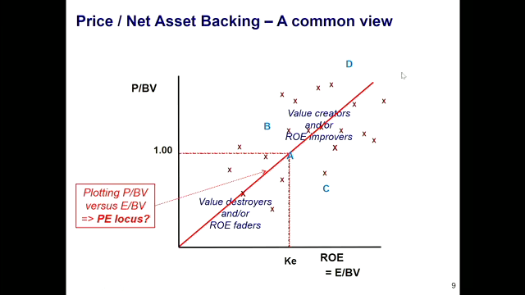So if this graph is scaled, we'll see probably 3 or 4 times of price to book value ratio and close to 20% of return on equity. And there will be a company in this position, maybe a little bit further than company D.